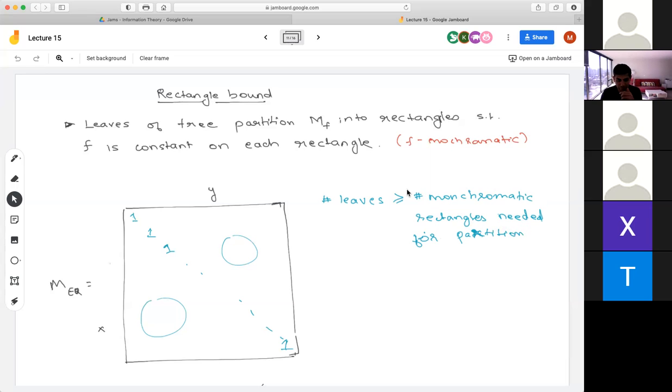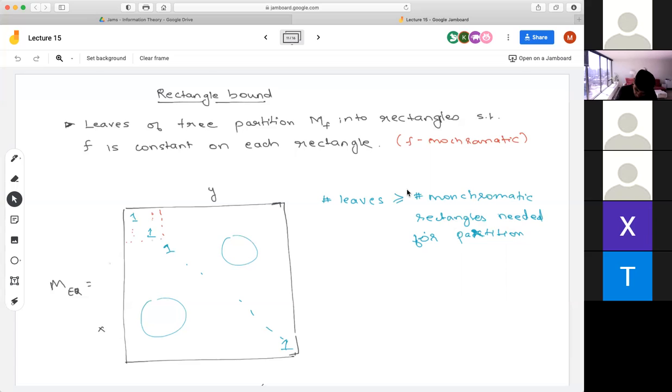And on this matrix, no two of the ones can be in the same rectangle, because if you had a rectangle which included two of these ones, since it has to be constant, this entry would also have to be 1, which is not allowed. These entries have to be 0. So no two ones can belong to the same monochromatic rectangle.